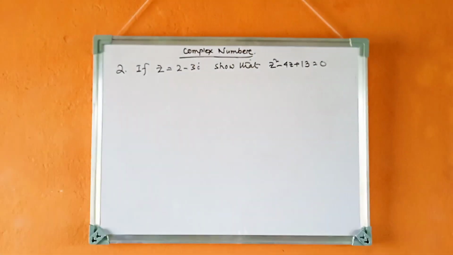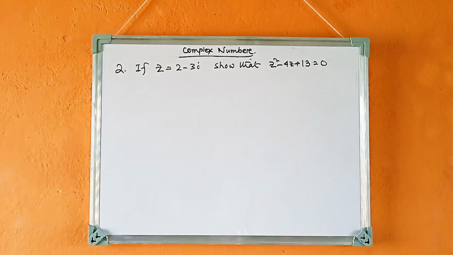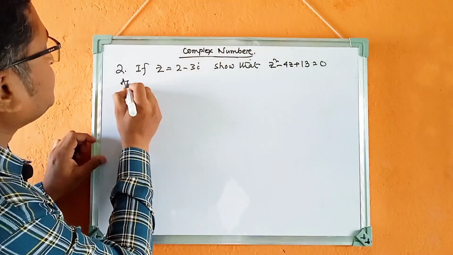Okay, this is sum number 2. I repeat the question. If z equal to 2 minus 3i, then show that z square minus 4z plus 13 equal to 0. Okay, see how to solve this.